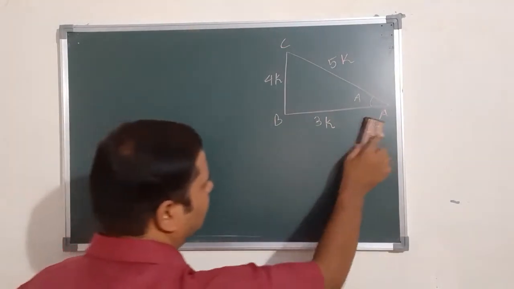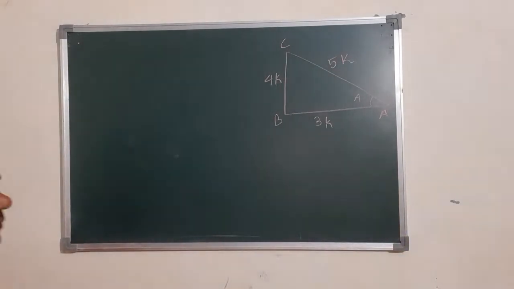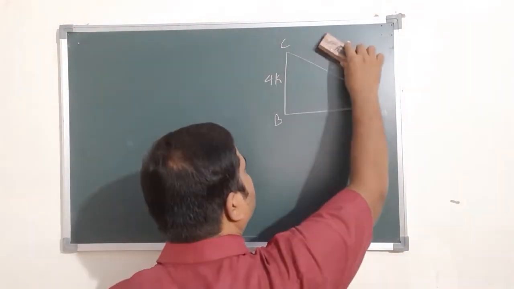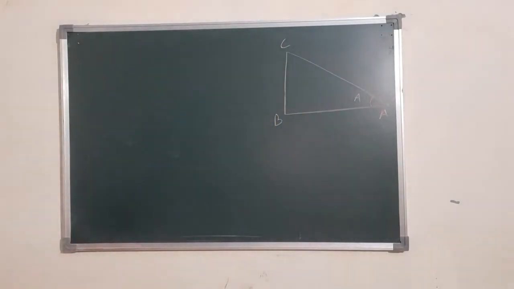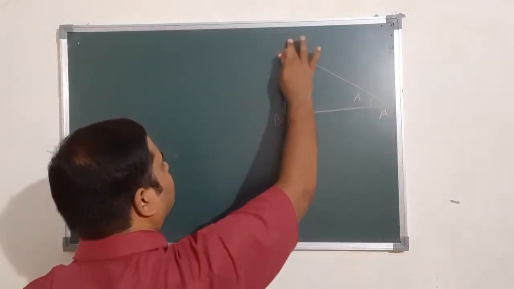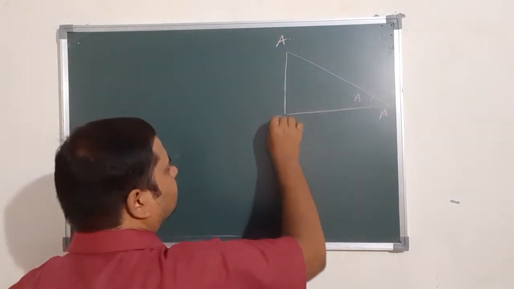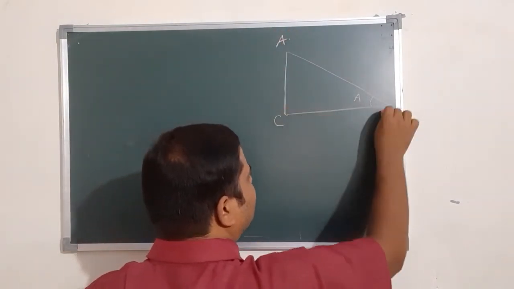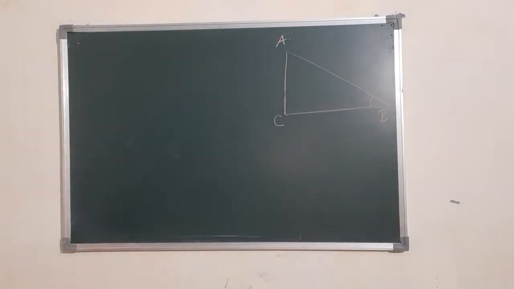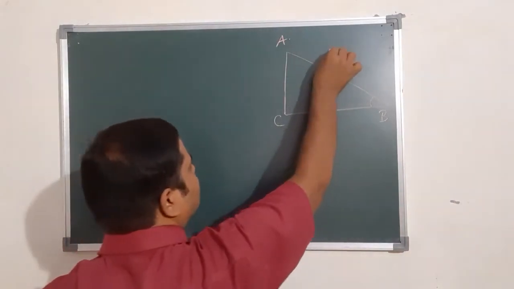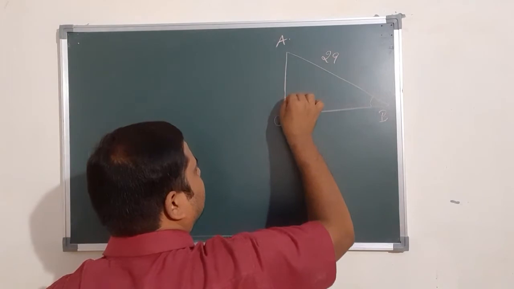Consider a triangle ABC, right angle at C, in which AB is equal to 29 units. AB, this means hypotenuse is 29 units.